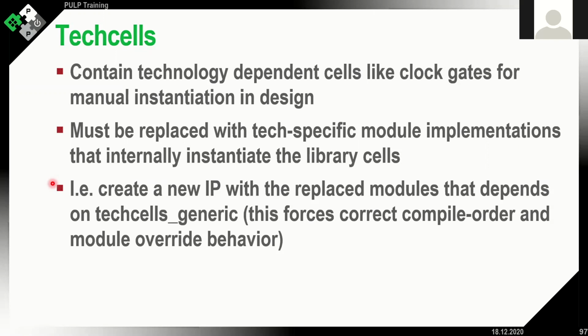So if you're doing a TSMC 65 tape out, you would have to replace all of the cells used within the designs with the cells from your standard cell library. You would look up which standard cell you want to use for clock gating, and you would replace the cell in your technology specific version of the tech cells generic repository.